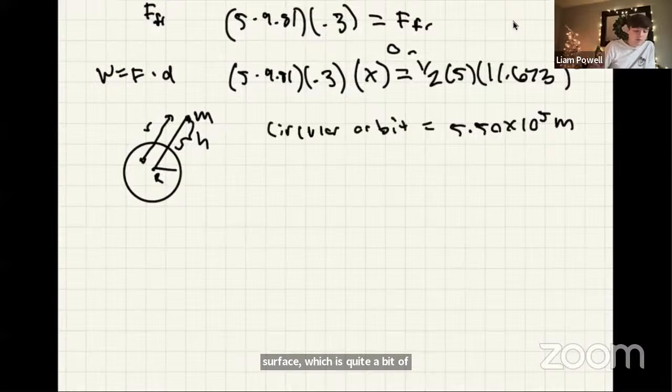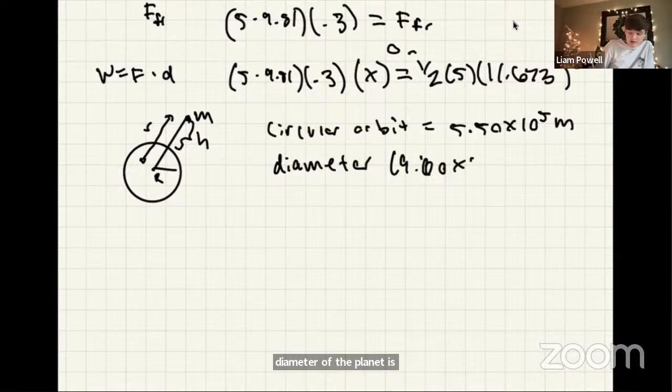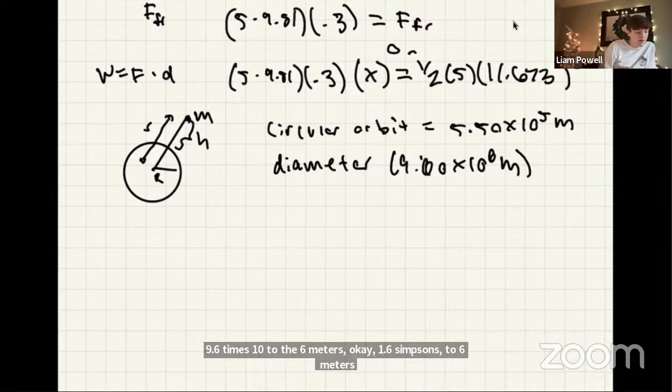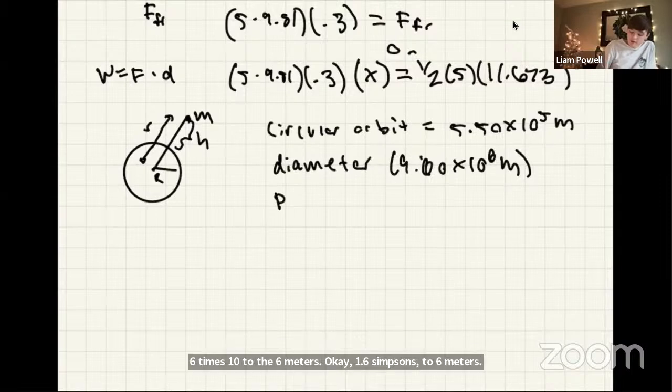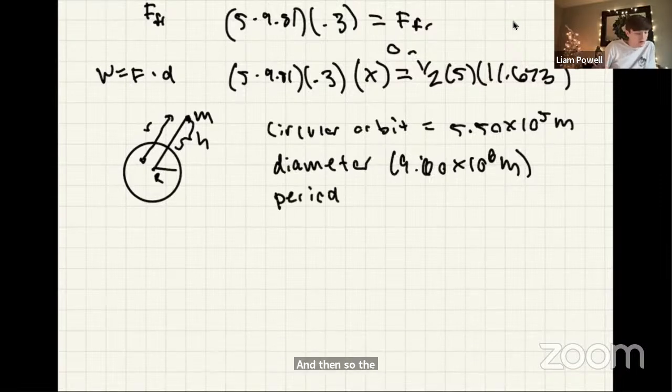And then the diameter of the planet is 1.6 times 10 to the 6 meters. And then the period is equal to 5,900 seconds.